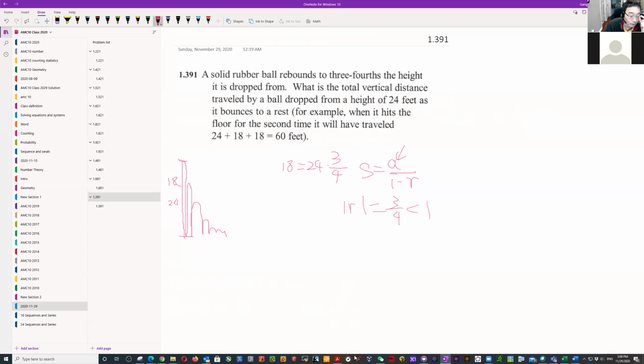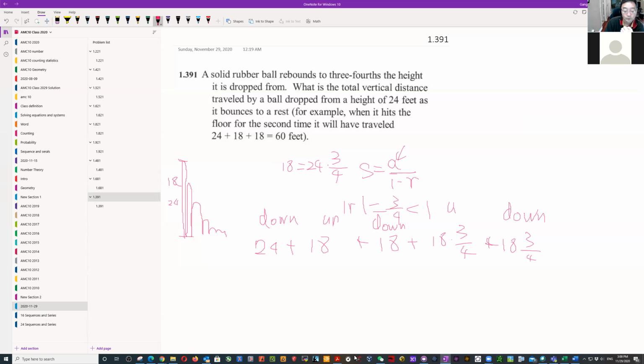And so we list it as 24 plus 18. 24 is on the way down. Then this 18 is on the way up. Then plus 18 is on the way down, and then plus 18 multiplied by 3/4 is on the way up. Then plus 18 multiplied by 3/4 squared is on the way down.